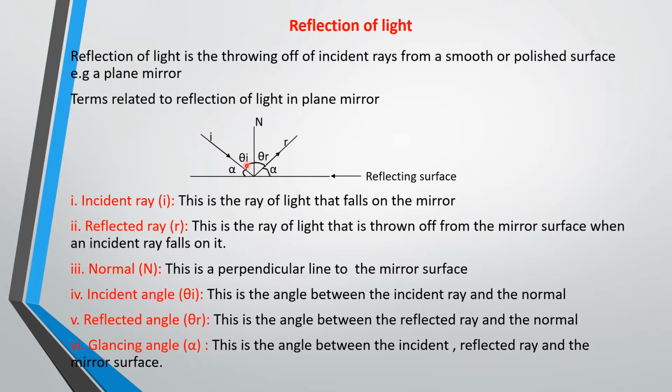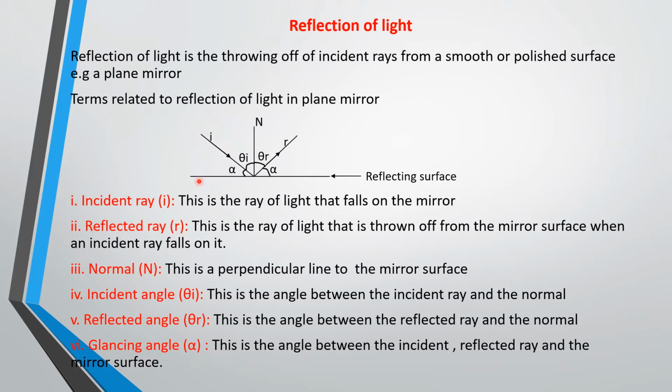The angle between the incident ray and the perpendicular line to the reflecting surface is known as the angle of incidence. Then the one between the reflected ray and the normal or the perpendicular line is known as angle of reflection.